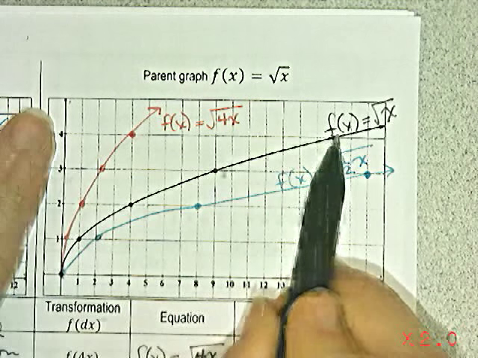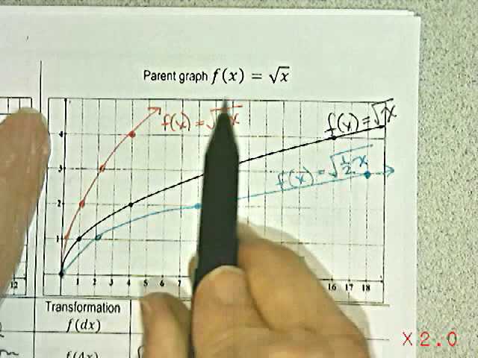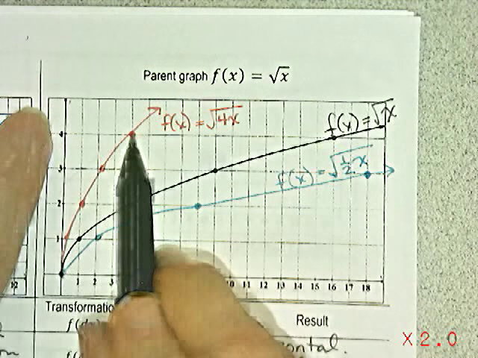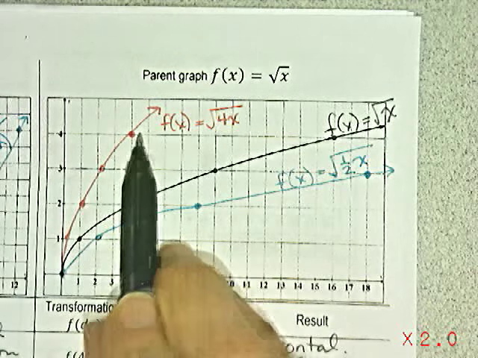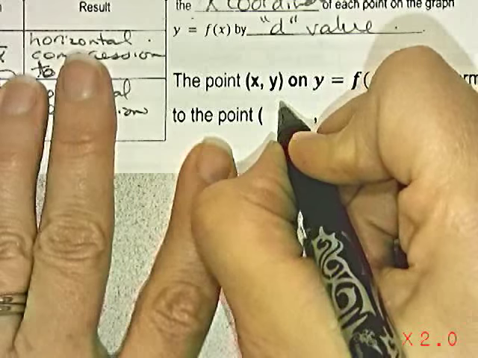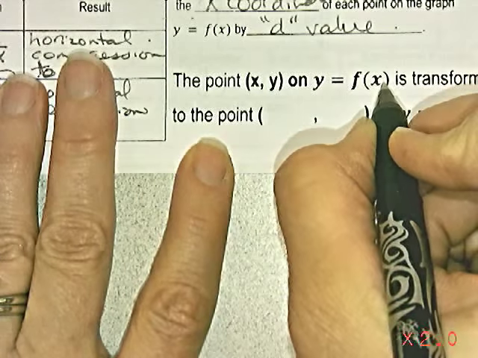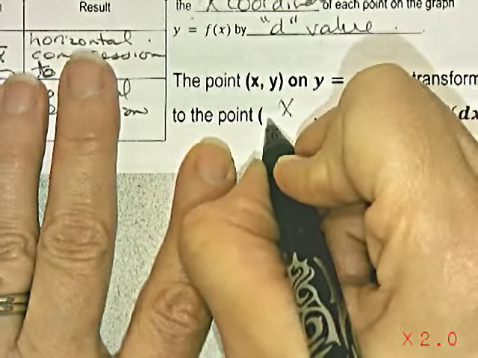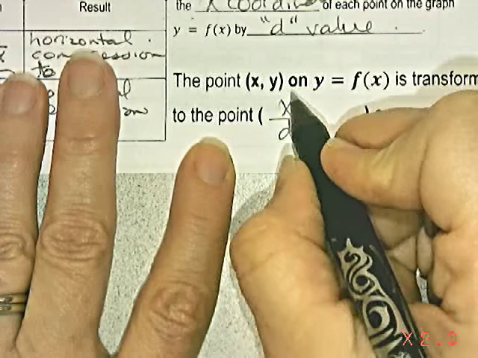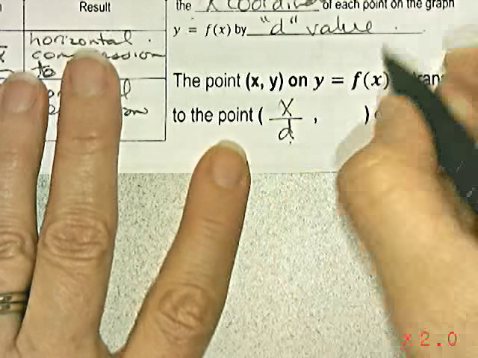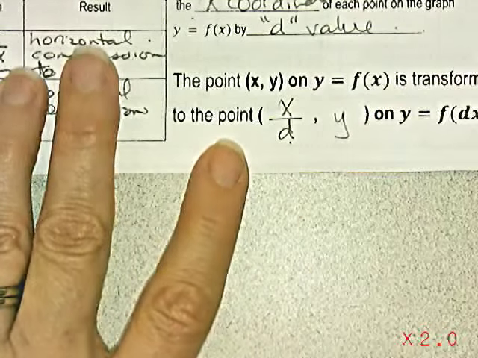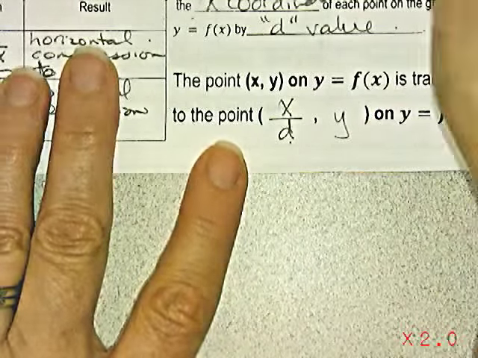My x coordinate here is 16. 16 divided by 4 takes it back to its transformed position and of the horizontal compression. So we're always dividing by that d value. So my point, any point on the original parent function, can be found with taking your x coordinate, your horizontal coordinate, dividing by the horizontal stretch factor, and the vertical stretch factor is not affected.